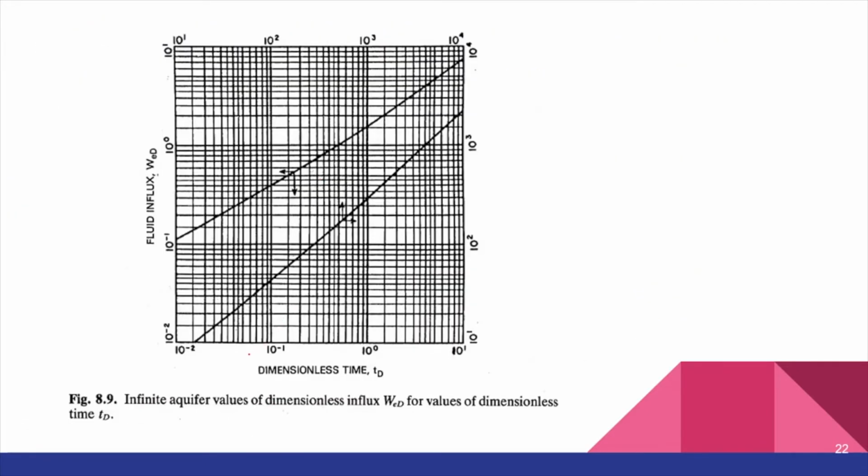For infinite aquifer, values of dimensionless influx WED for values of dimensionless time TD. This graph is also showing the same method on how to find your WED. So you just read the graph here.